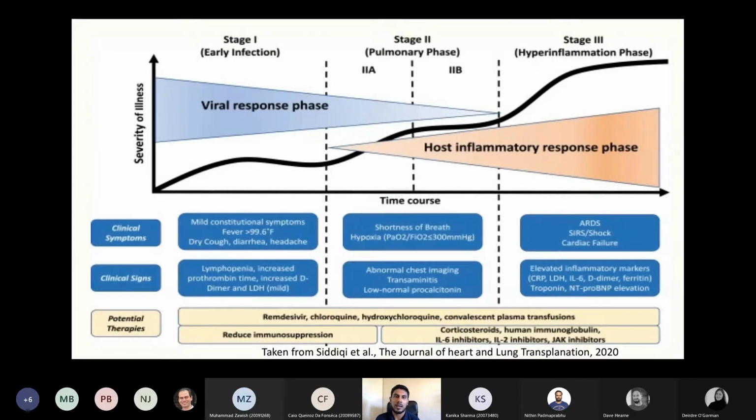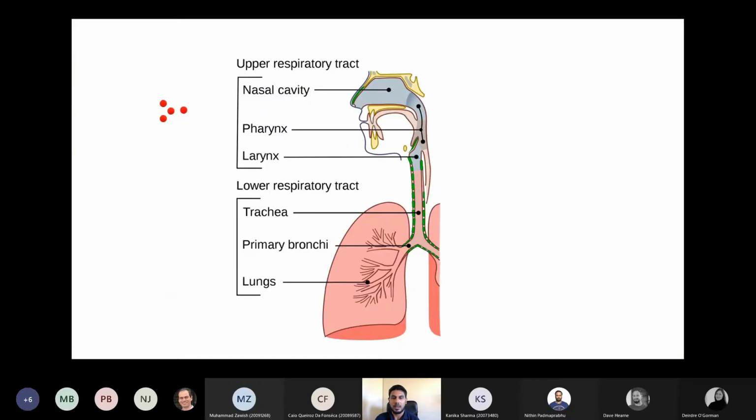So we may get early symptoms, and then it gradually spreads down toward the lungs, and at the end, when it reaches the lung, we may get the hyperinflammation phase.